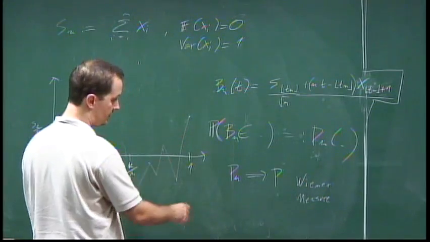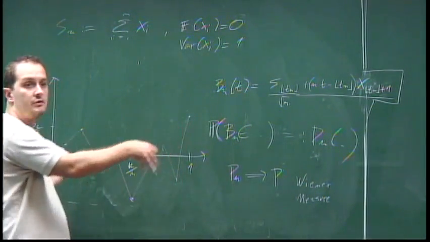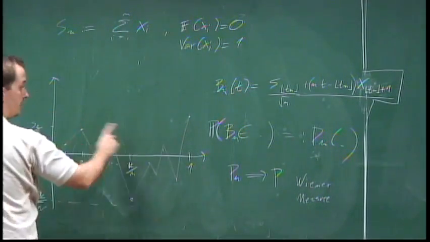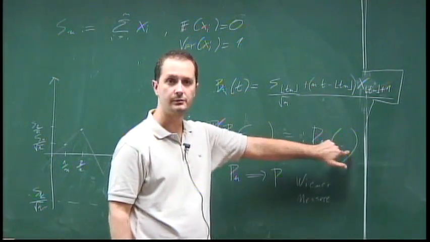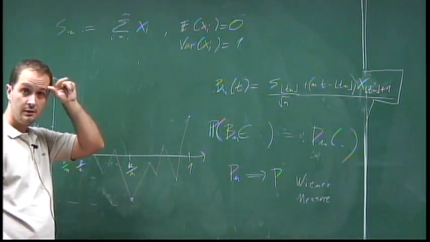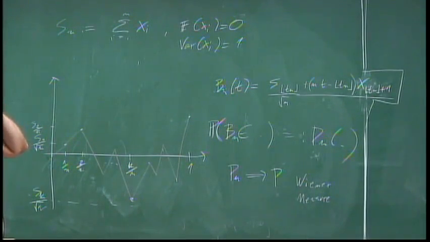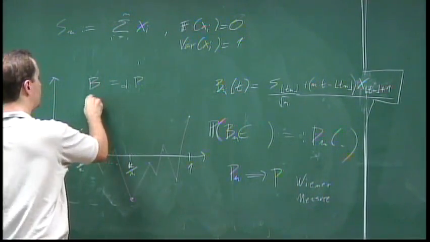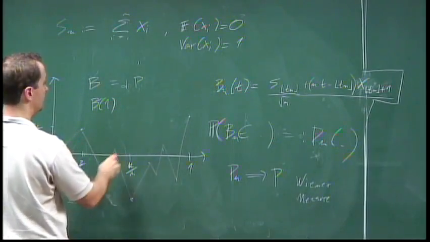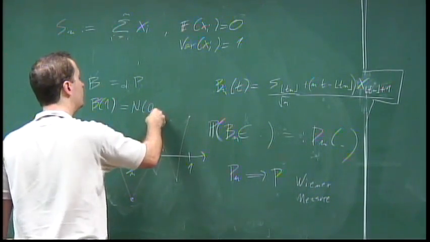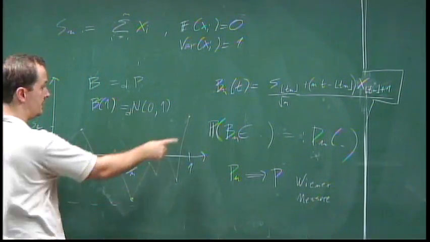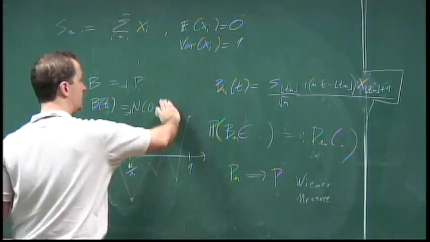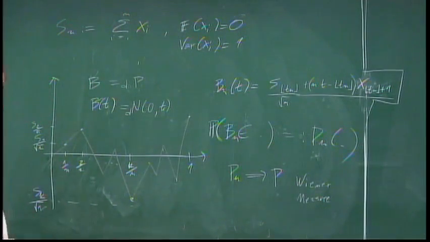This limit is a measure on random functions, so it is a measure on C, on the Borel subsets of C. If B has distribution P, we're going to see that B(1) should have normal distribution, because that's the distribution of the whole sum. If you take up to t, we're going to see that this is distribution normal (0, t).